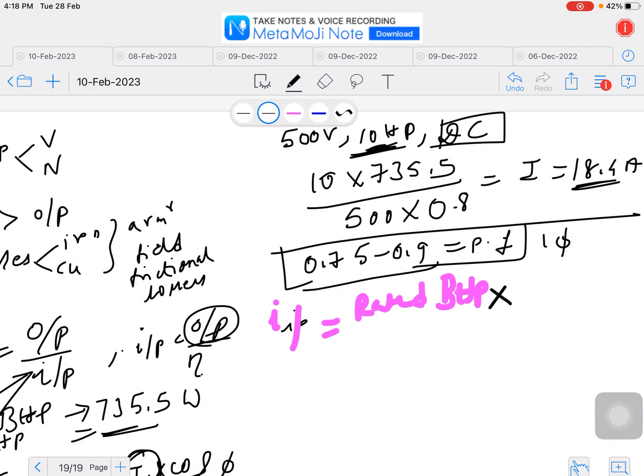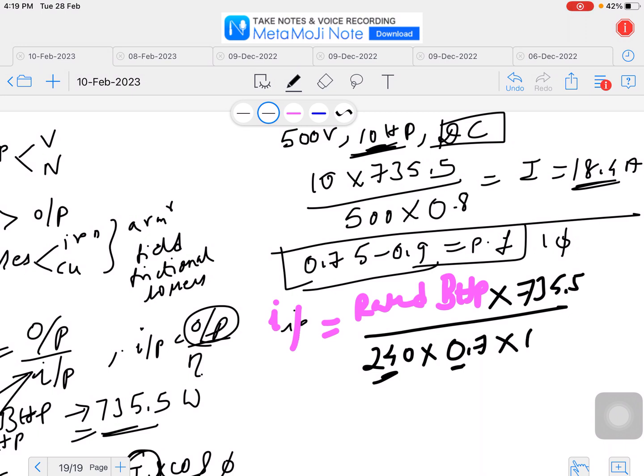Since it is a single phase motor, the supply voltage is 240 volts, the power factor is around 0.7, and efficiency could be considered as 0.8.